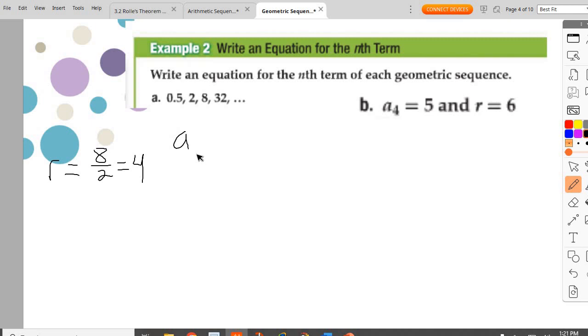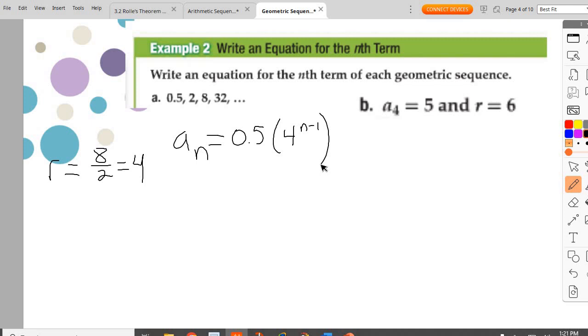So then we're just using that a sub n equals a sub 1 times r to the n minus 1. Can I multiply my 4 and my 0.5 and get 2? No. Why not? Because remember that our order of operations says that we have to do exponents first, right?